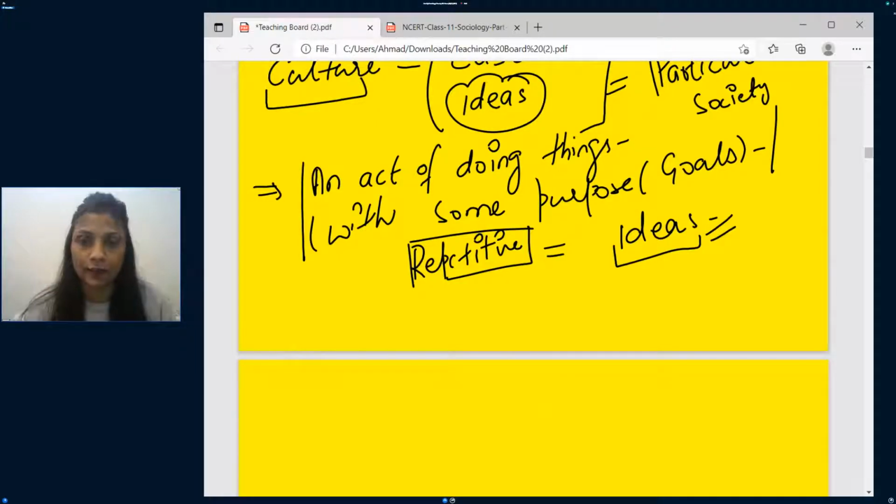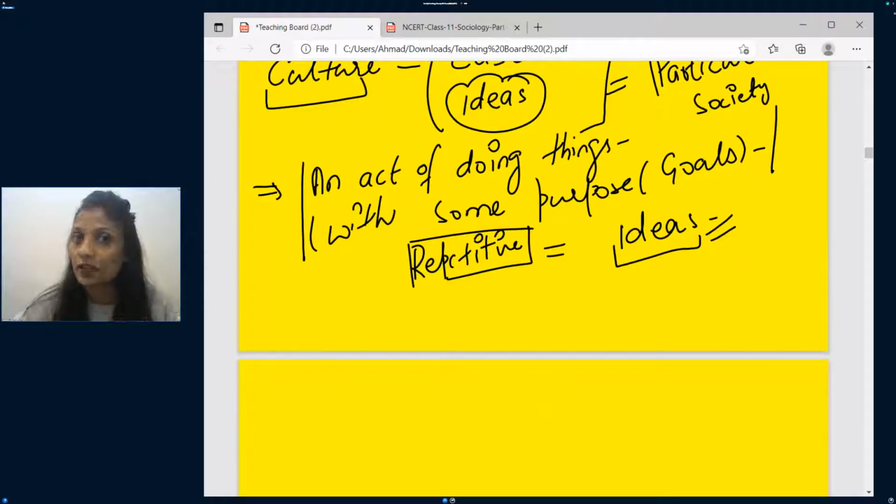So to understand what socialization is, it is very important to have a clear-cut understanding of culture and civilization. When I say that culture is repetitive action, it means we do not just do certain actions again and again. There are differences between the activities we do. For instance, ordinary work like waking up early in the morning and brushing our teeth is also an action.